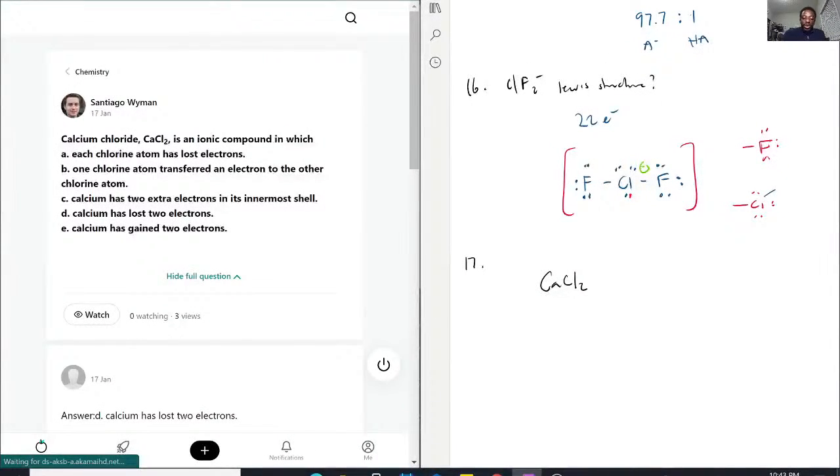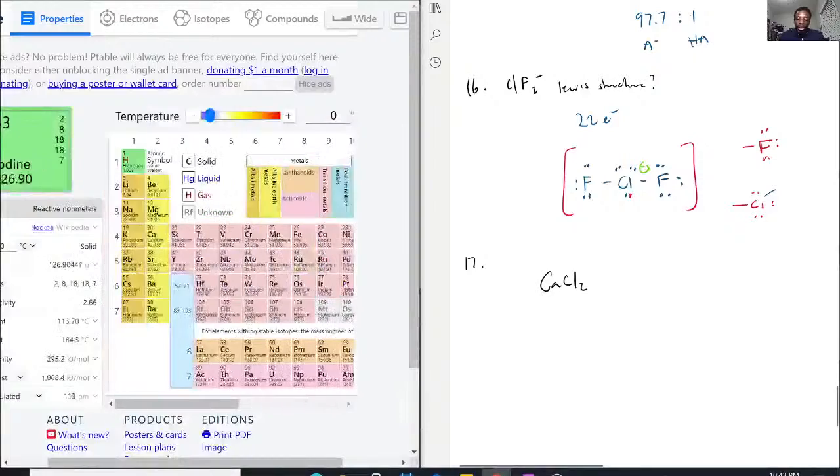And now this question is asking which of the statements makes the most sense. Now, with this, we have to actually go back to our periodic table. Calcium and chlorine are respectively on the 2nd and 17th column. So that means calcium would have 2 valence electrons and chlorine would have 7.